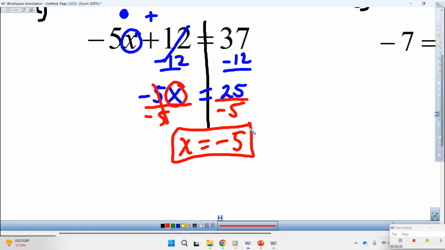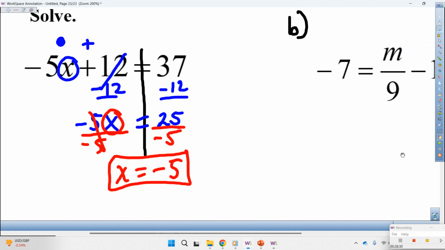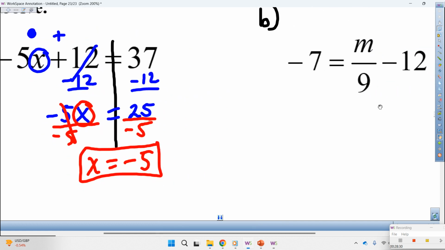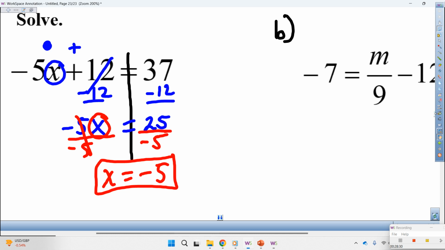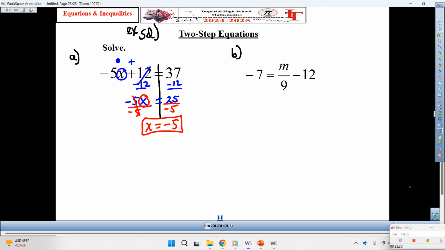We're getting there, yes? All right, we're not going to check. We're not going to graph for right now. I just wanted to show you the entire process on the other ones. I want you to do letter B by yourself. Let me zoom out. Line down the equal sign.